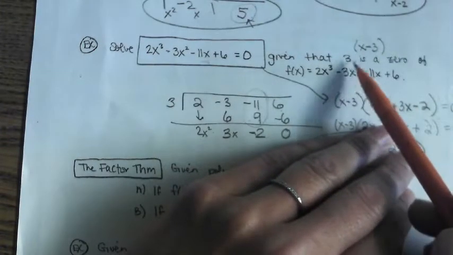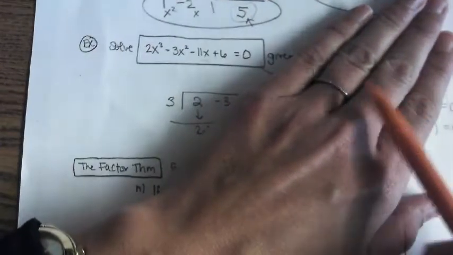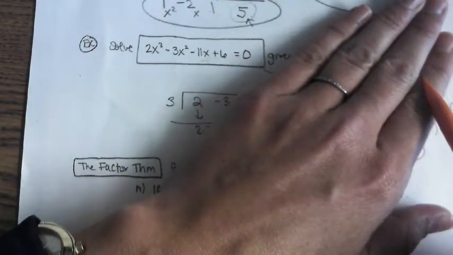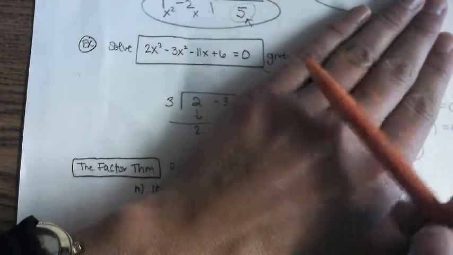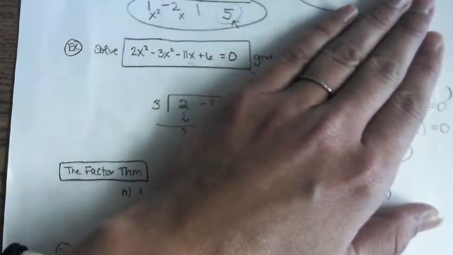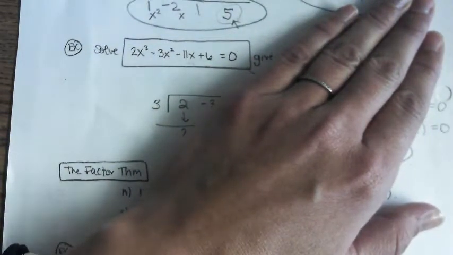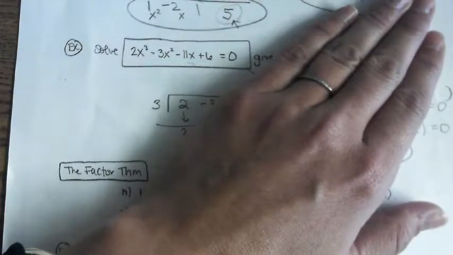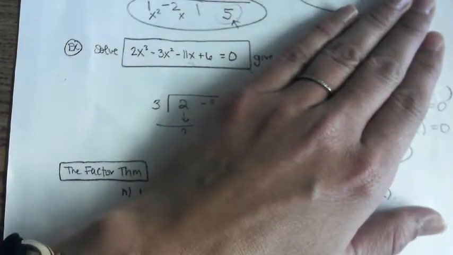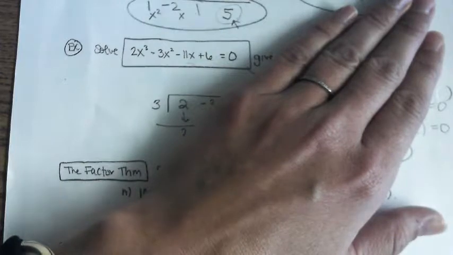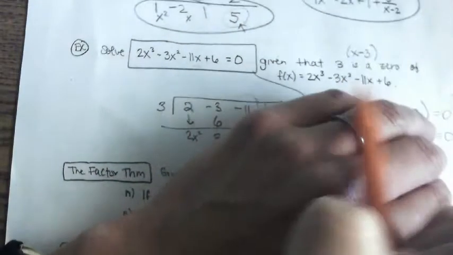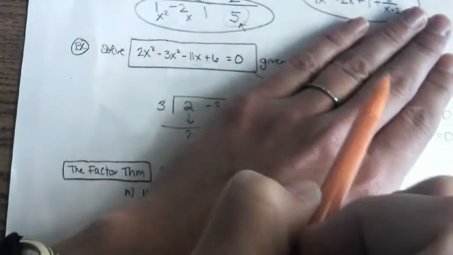But with this P over Q method, you do not need to be given anything anymore. Because testing your P over Q's, your possible rational roots, until you find one allows you to kickstart this process on your own and figure out all the rational roots and all the roots, period, with or without the kickstart. Someone else doesn't need to give that to you anymore.